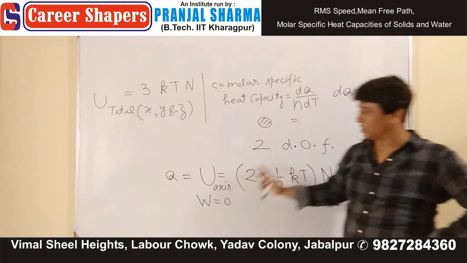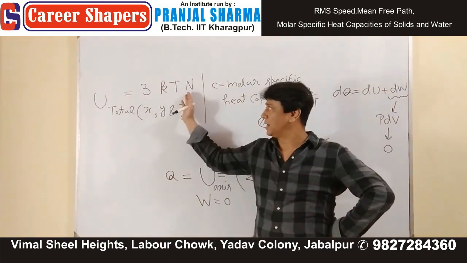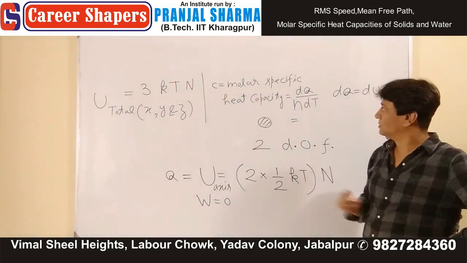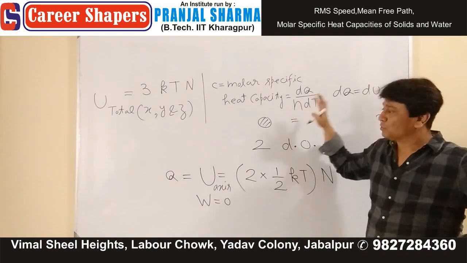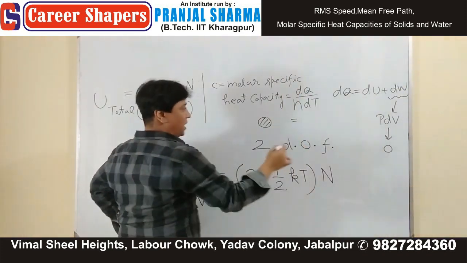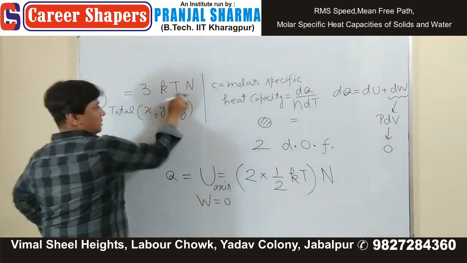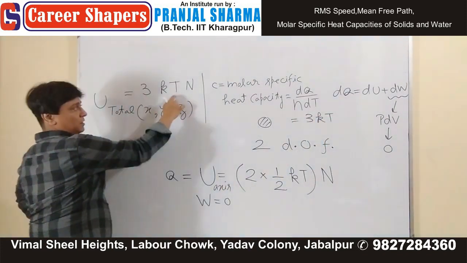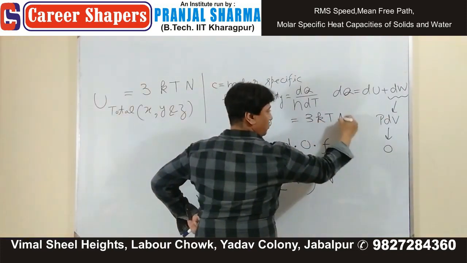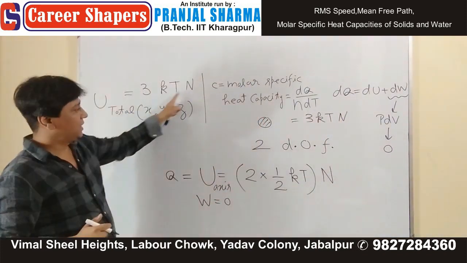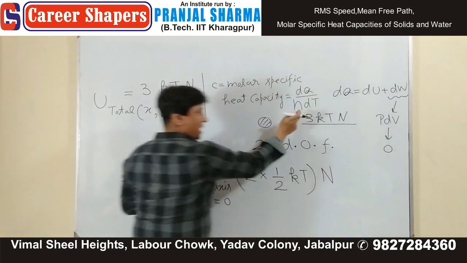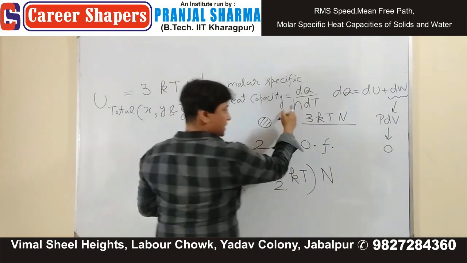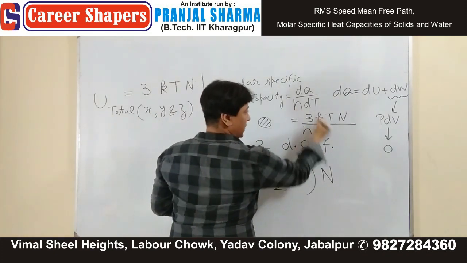This dq is nothing but U. Total U is 3kTN. What is N? Number of atoms. What is n? Number of moles. So this way we can write dq as 3kTN, divided by n, the number of moles, into dt.